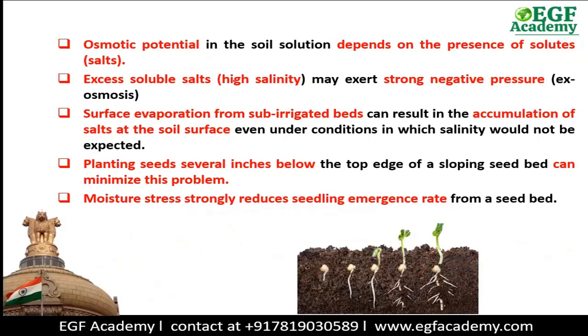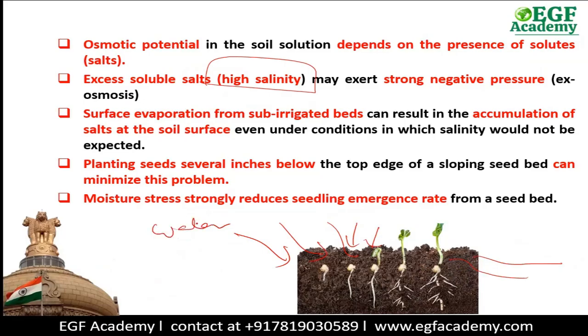This condition is found firstly where high salinity is present inside the soil, and secondly where the drainage system is not proper, where irrigation is taking place but water is not coming out from there. It is not draining out properly. So what happens in that situation? Whatever water is there, salt is always present in the water.